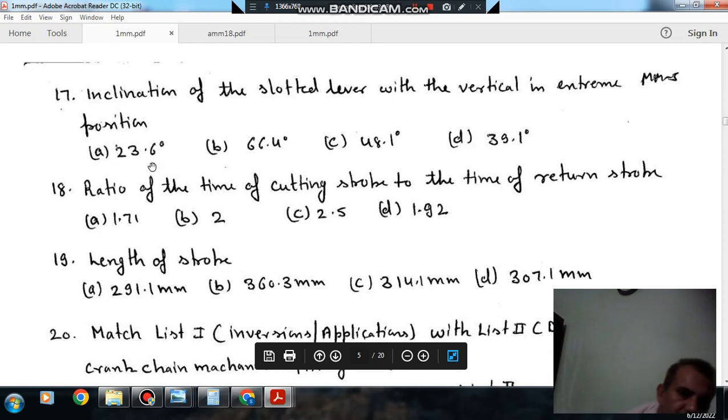Option A 23.6, option B 66.4, option C 48.1, option D 39.1. Question number 18 is the ratio of time of cutting stroke to the time of return stroke. Option A 1.71, option B 2, option C 2.5, option D 1.90.